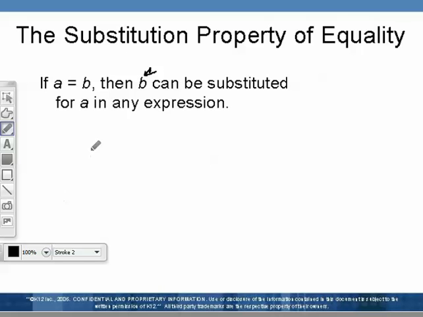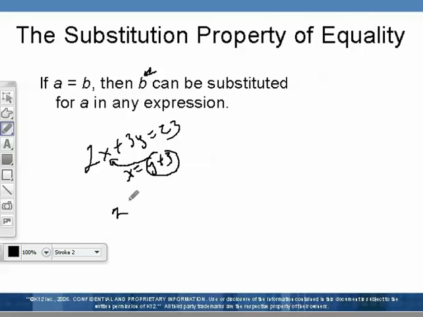Remember when we had those two equations, 2x plus 3y equals 23, and then they'd have another equation down here and they'd say that x is equal to y plus 3, and you could take this y plus 3 and substitute it in for the x right there and come up with 2 times y plus 3 plus 3y equals 23. Remember doing that? That was called simultaneous equations, and you were solving two equations with two unknowns, and you were using the substitution approach. That's what we're doing right here.